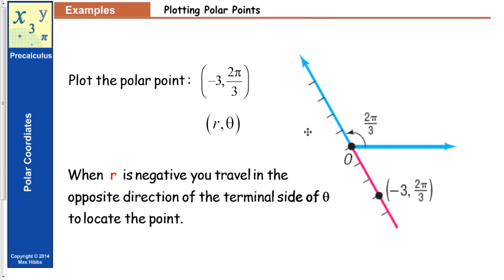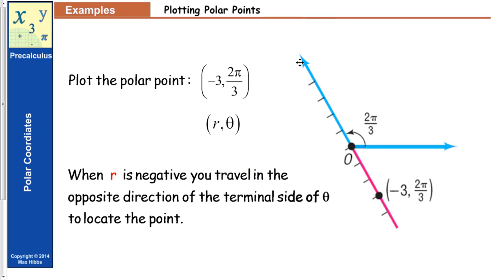Here's what we do. First, as I just mentioned, the first thing we really do is locate the angle 2 pi over 3. So we draw that angle. Here, this blue line is the polar axis, and we measure from the polar axis 2 pi over 3, and here is the terminal side of that angle. Initial side, terminal side.